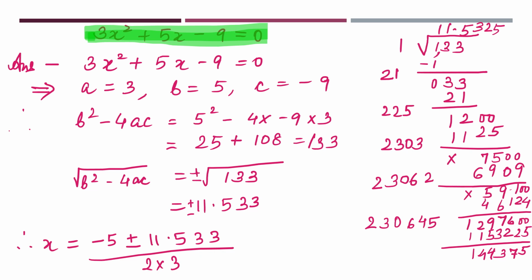It has been given stepwise how to solve the quadratic equation. Okay. Now, x is equal to minus 5 plus minus 11.533 upon 2 into 3. Okay. We will take the decimal till 4 places because we will need to give the value till 2 decimal places. Okay.